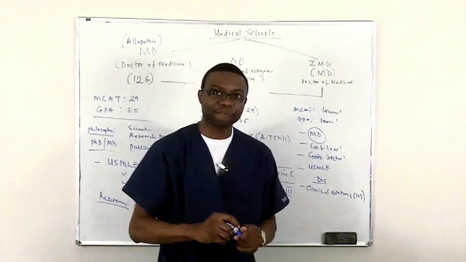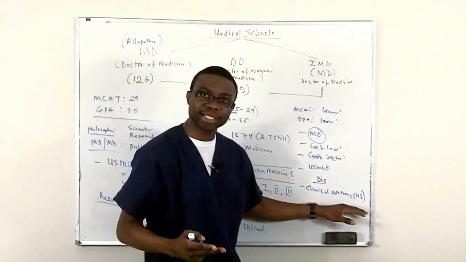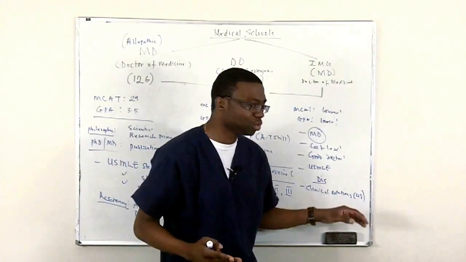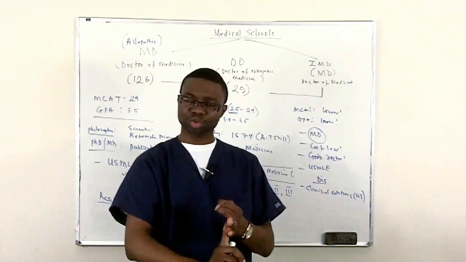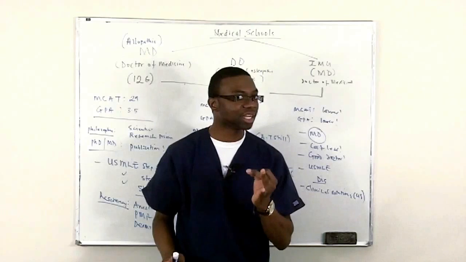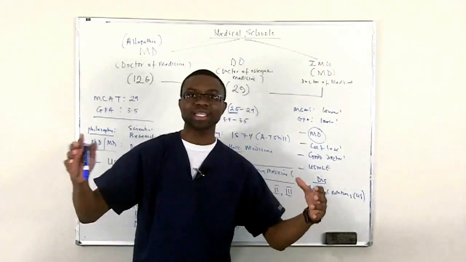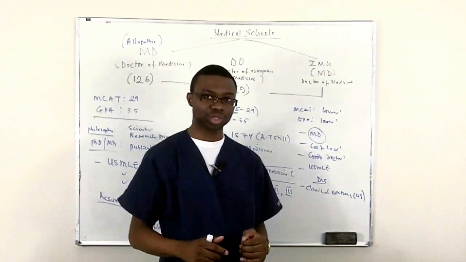So you want to make sure after your first 2 years of basic medical sciences, you have somewhere to rotate, right? So you have a place to do your clinical rotations in your third and fourth year of medical school. So that's very important. If the school doesn't have it, that is not a good thing, because you don't want to be hustling and looking for clinical rotations as a third or fourth year international medical student.